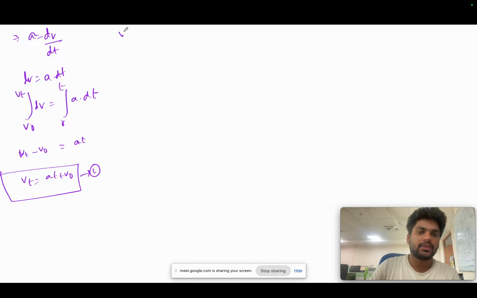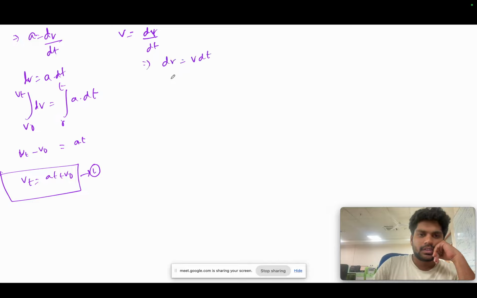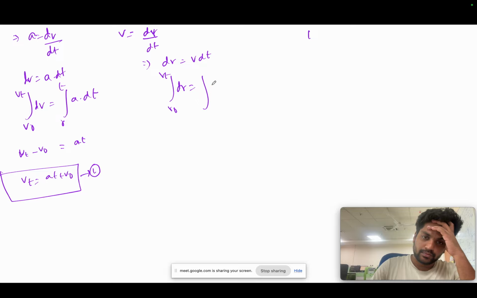Now the second equation is v equal to dr by dt. So dr equals v into dt. Integrating from r0 to rt, where rt is the position at time t, with time from 0 to t, integral of v dt.